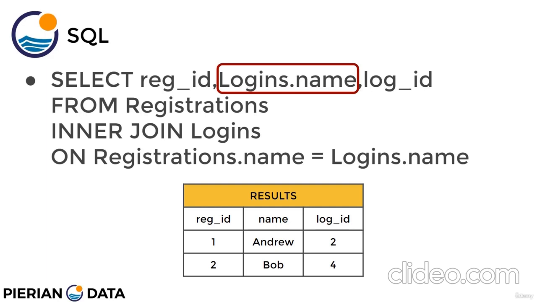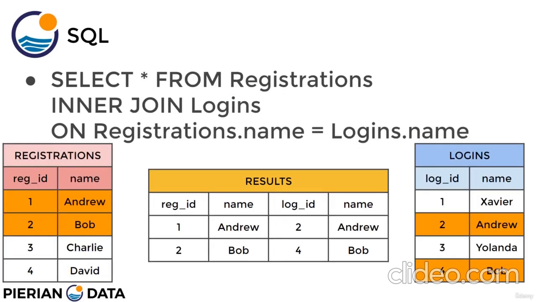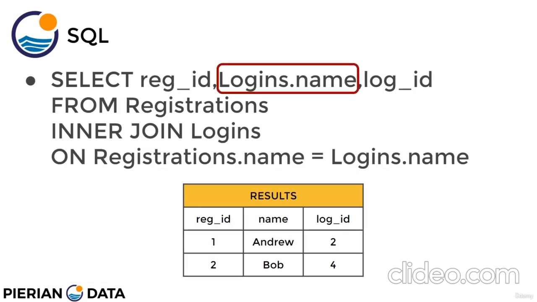I could have said registrations.name or logins.name, but I should be specifying because there's a duplicate name column. In my SQL query, I should be specifying what actual column I'm looking at. Because recall, here we had both the name column from registrations and the name column from logins. So if I only want one of those, because it's duplicated, I'll specify that I'm looking at the logins.name column.